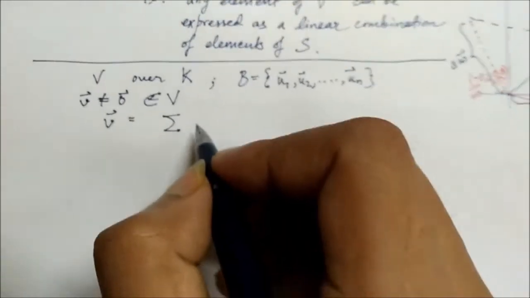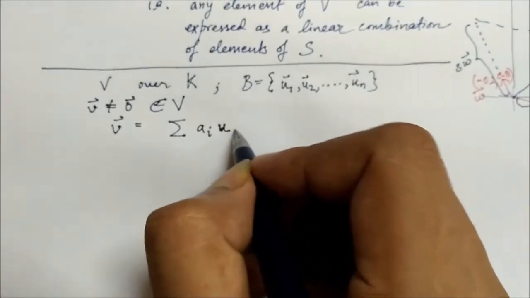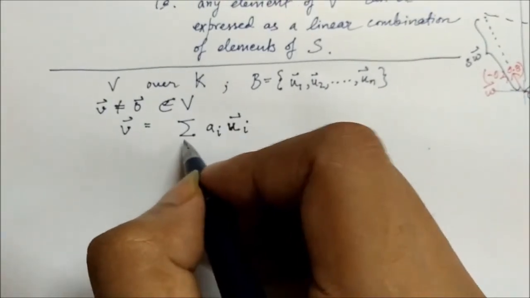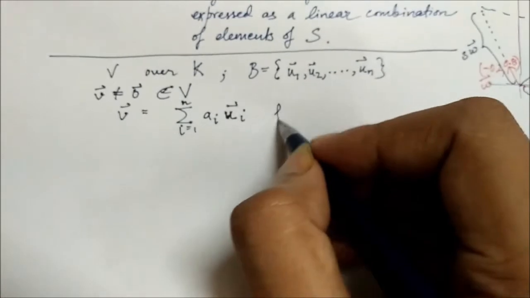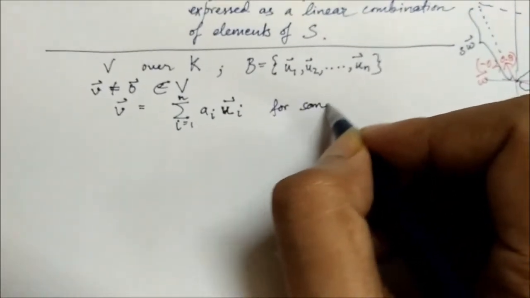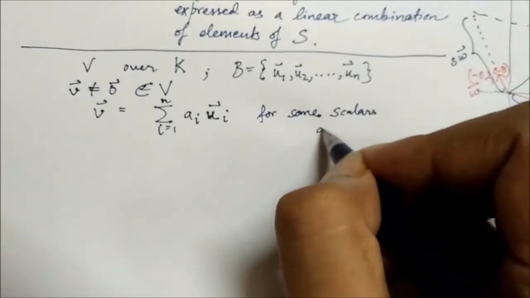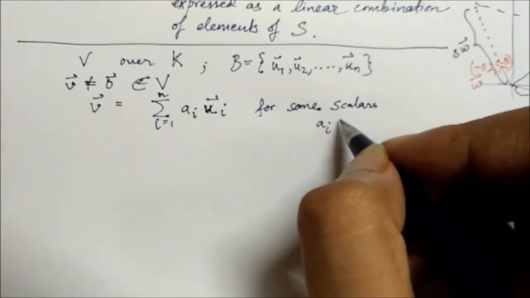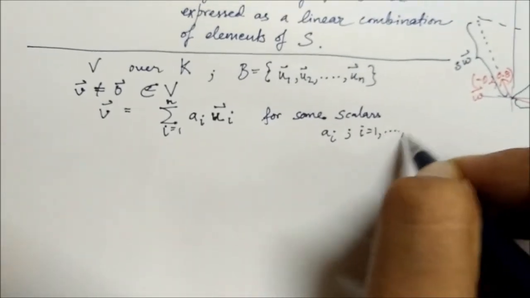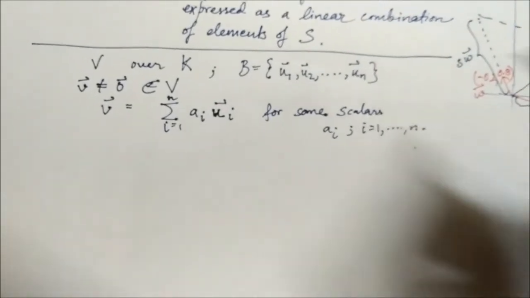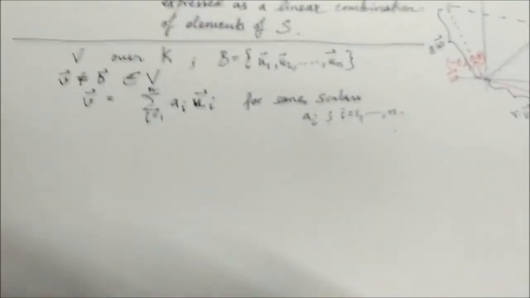I hope all of you understand it. For some scalars a_i, i equals 1 to n. Now this is obvious, right? Now it's a non-null vector.